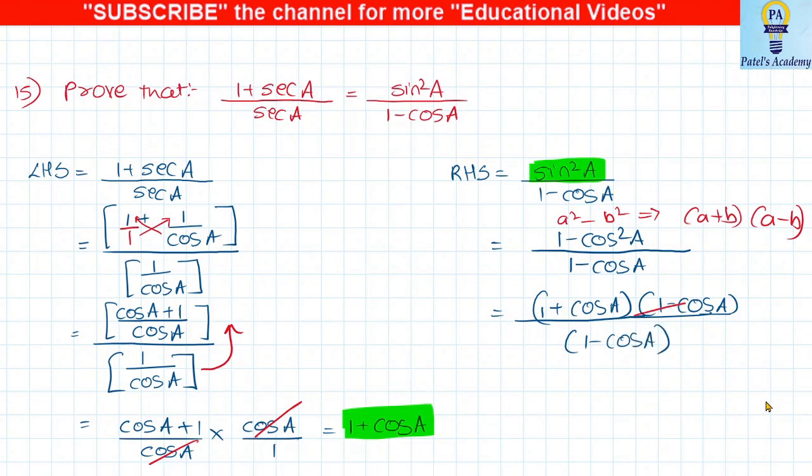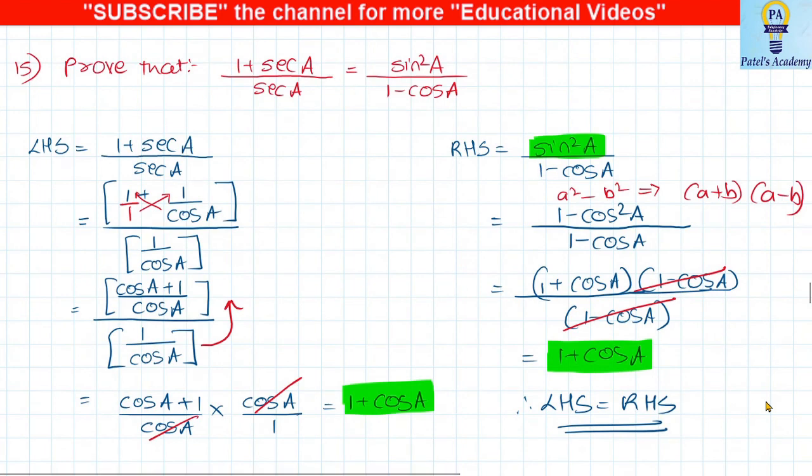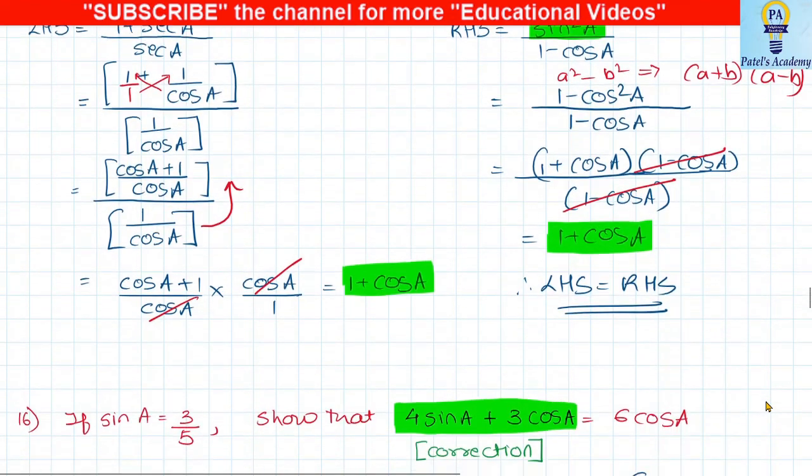So 1 minus cos A and 1 minus cos A will cancel, and what I get is 1 plus cos A, which is equal to the LHS we have solved. Therefore LHS equals RHS. In a few sums we have to solve LHS and RHS both and get the same answer. Let's see the next one, the 16th one.